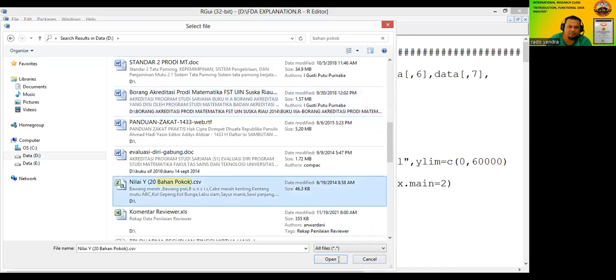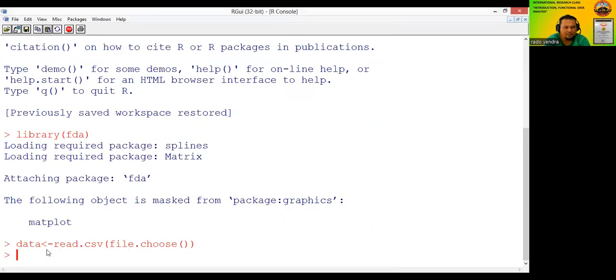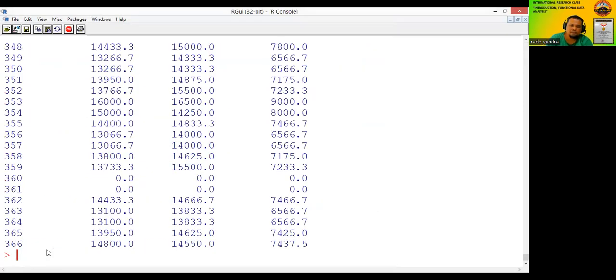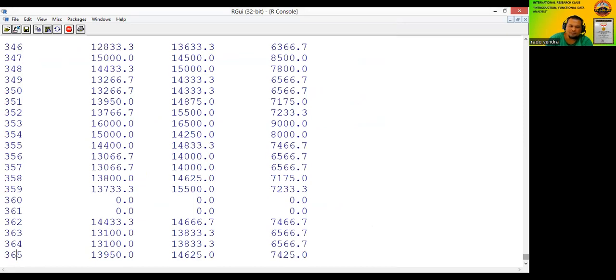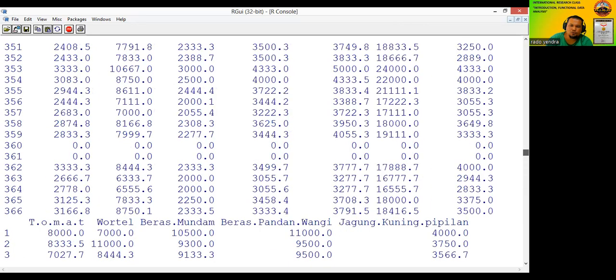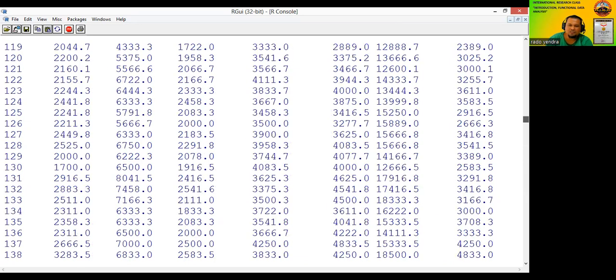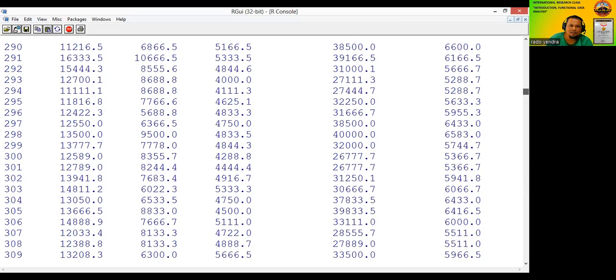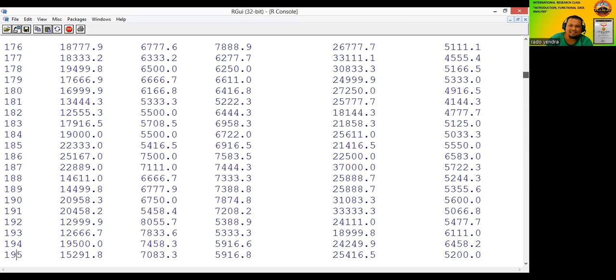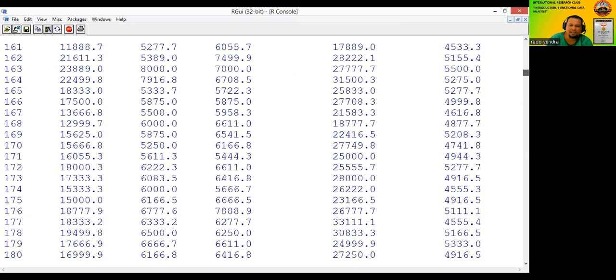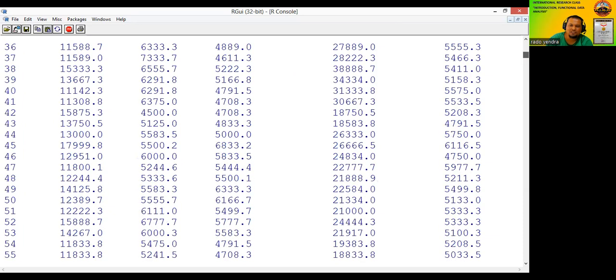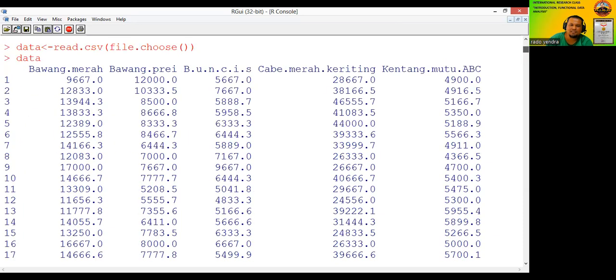So we come to the console. Okay, we type our data. Okay, it's our data. There are 20 basic commodities. This data is about the daily average price. The 20 basic commodities: we have onions, chili, potato.